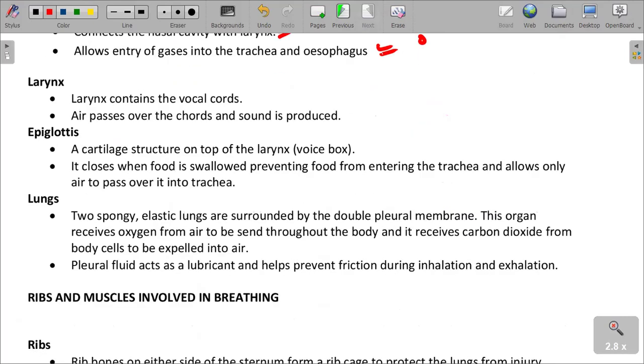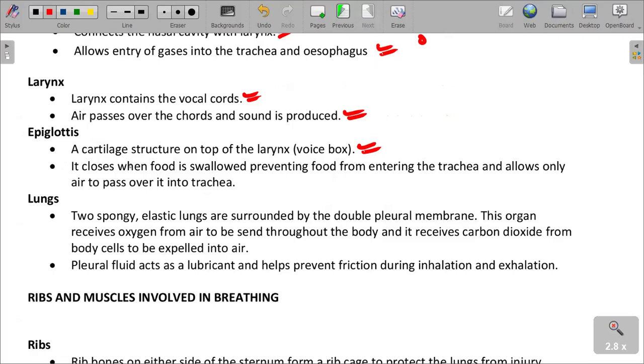The larynx contains the vocal cords, which allow sound: air passes over the cords and sound is produced. We have the epiglottis, which is a cartilage structure on top of the larynx, on top of the voice box.